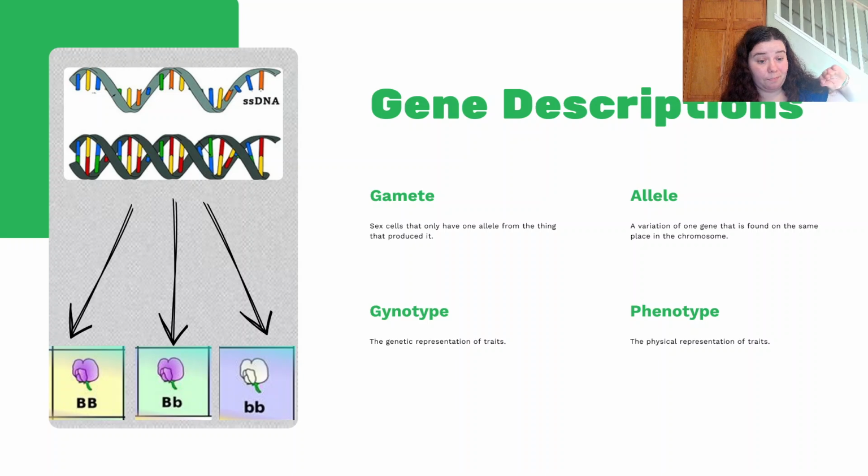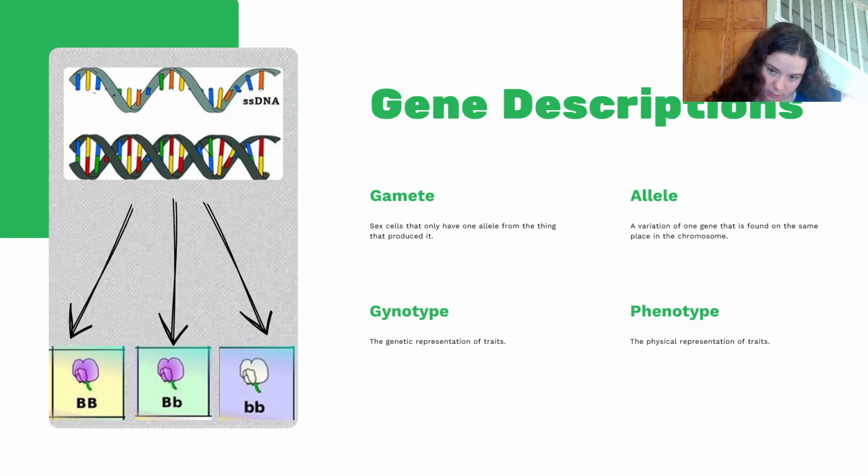And it's, for the most part, going to be a big letter or a little letter. And when you come back together, when you are an independent organism of your parents, you become an organism with two alleles because you have a full set of DNA.